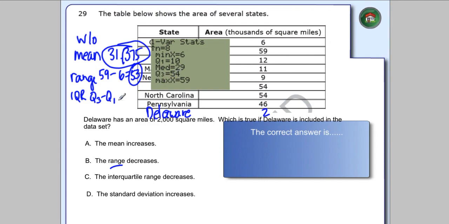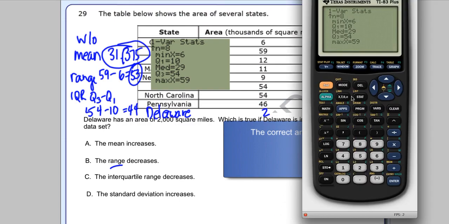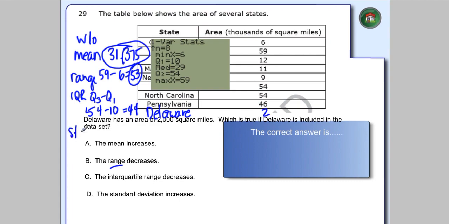So if you take 54 and you subtract 10, you get 44. And then the standard deviation, we have to go back here. The standard deviation is going to be that Sx, so 23.7. So I want to write these down here. The mean is 31.375, then 53, then 44, and then 23.7.